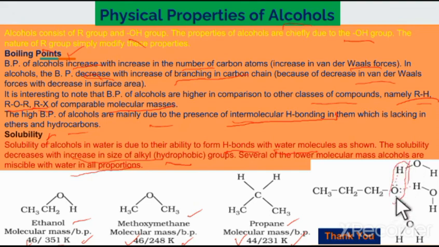The alcohol has oxygen and the water molecule has hydrogen, so partial hydrogen bonding can take place between them. Similarly, between the oxygen of the water molecule and the hydrogen of the alcohol, hydrogen bonding can also take place. As a result, the solubility in water increases, but only for the lower alcohols like methanol, ethanol, propanol, which can be soluble. As the alkyl chain increases, the solubility decreases.